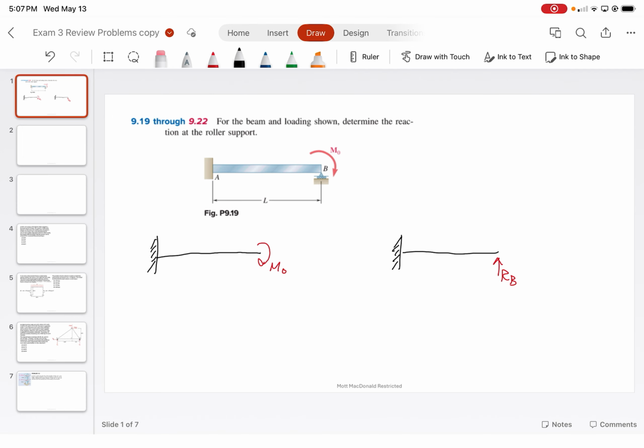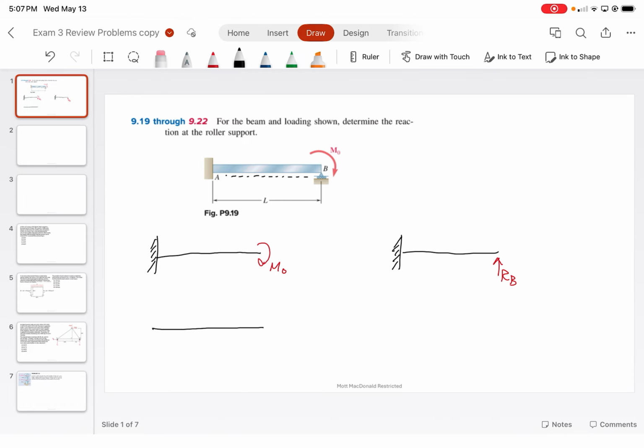It's just constant throughout. Exactly. Positive or negative bending? What's our reference fiber? Take it from the bottom. From the bottom? All right, so we'll say that the reference fiber is the bottom.